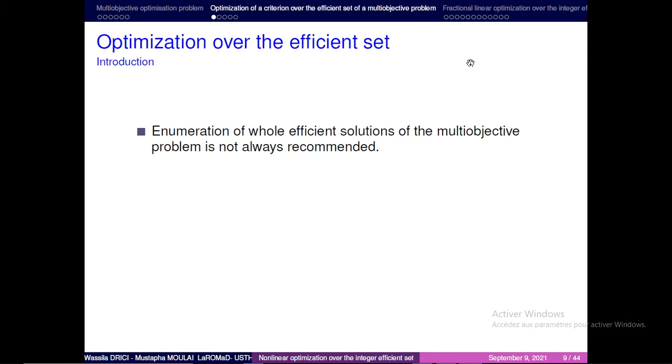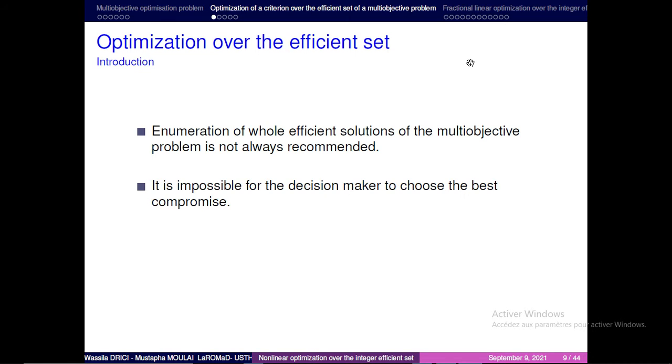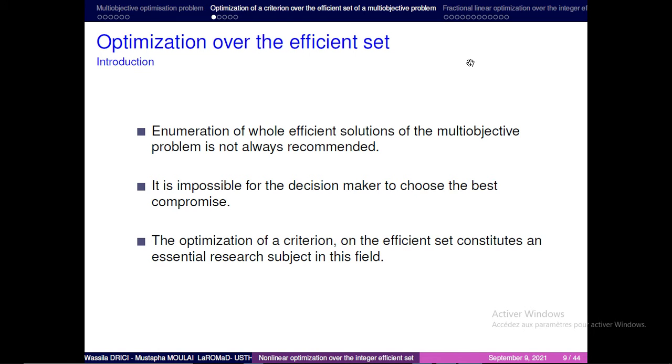Enumeration of all efficient solutions of the multi-objective problem is not always recommended because it may turn out that this efficient set is very large and it becomes impossible for the decision maker to choose the best compromise in terms of his preferences. The optimization of a criterion which expresses the preferences of the decision maker over the efficient set constitutes therefore an essential research subject in this field.